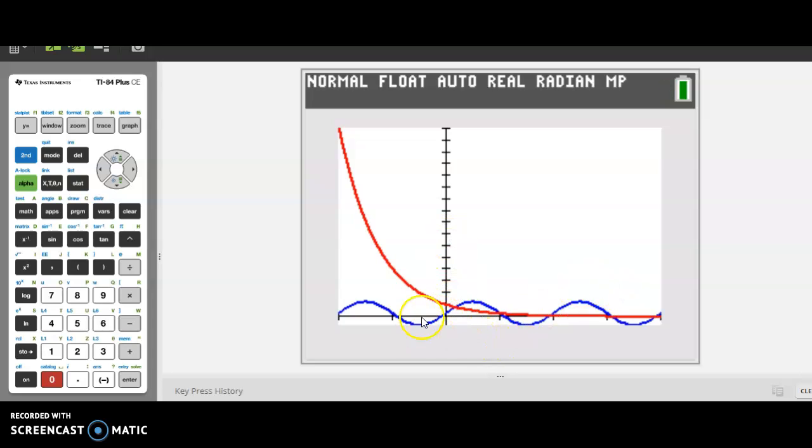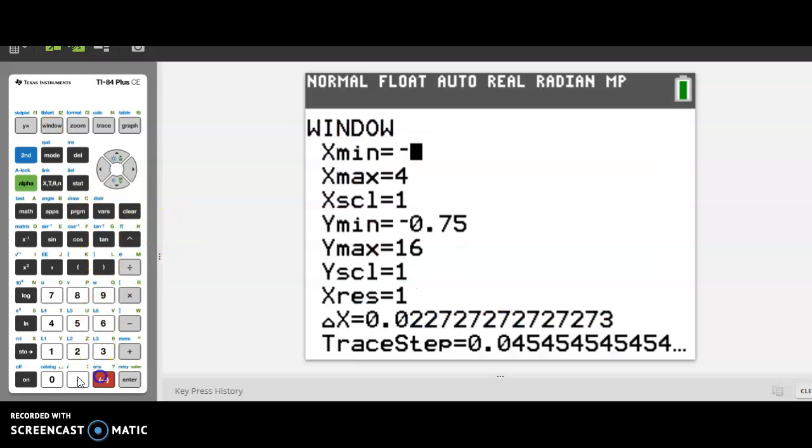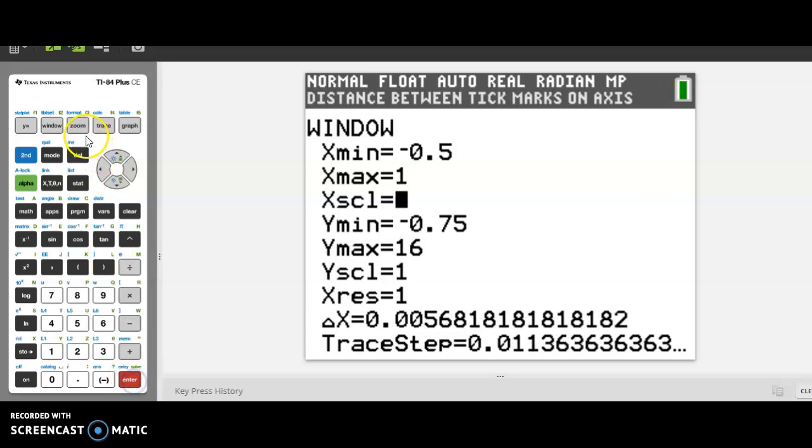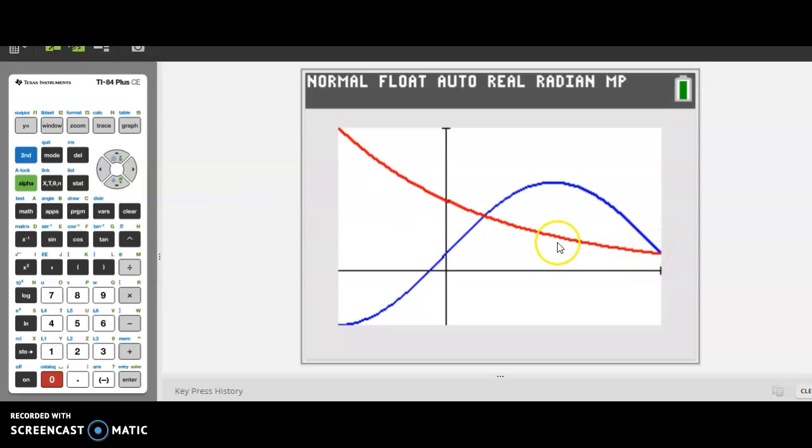Okay, that was a pretty bad graph. So maybe zoom in. But you can see the region that they're talking about right in here. So change your window a little bit to maybe go from negative 0.5 to 1 and hit zoom fit. Zoom 0. Okay, pretty close.